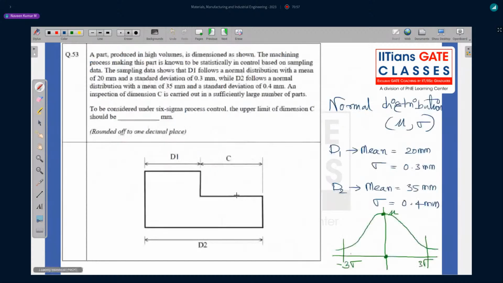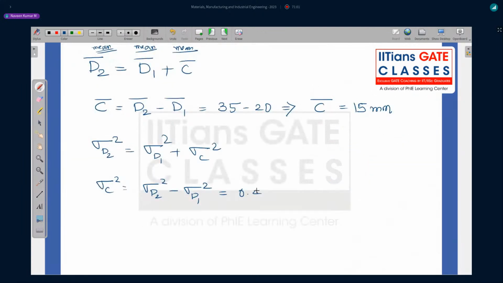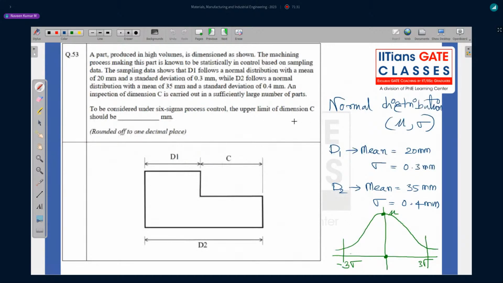D2 is 0.4, so 0.4 square minus 0.3 square gives 0.07. So sigma C is equal to the square root of 0.07.